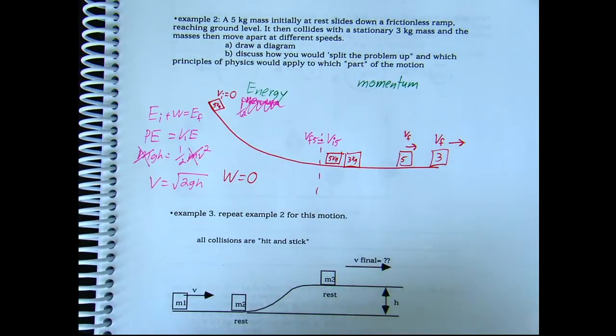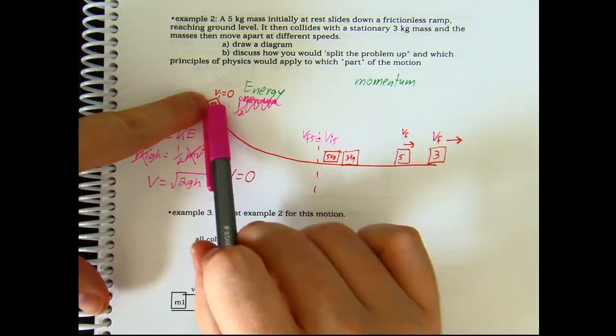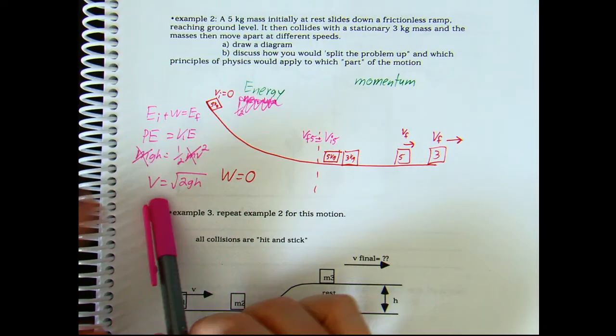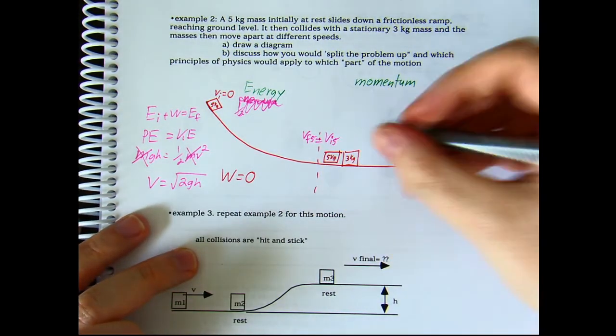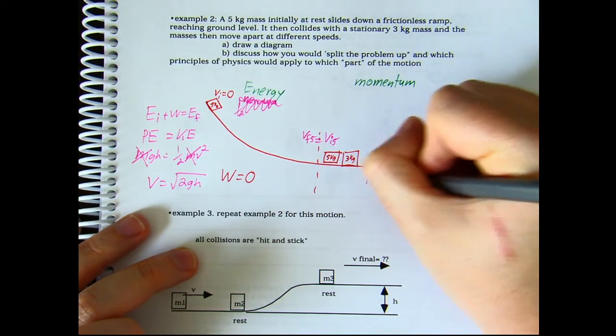Now, I don't have any values here other than the masses, which cancel. I don't know how far this thing's dropping. This is just purely conceptual. This thing's dropping. Velocity is changing like this. And then over here, we're going to get a collision. So we're going to have momentum initial equals momentum final.